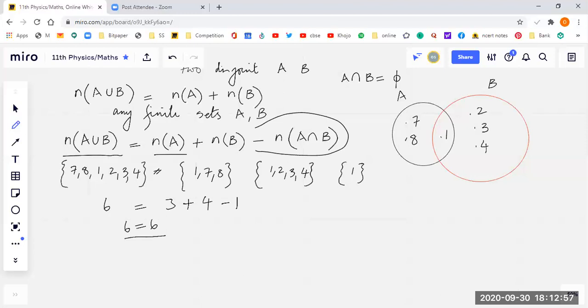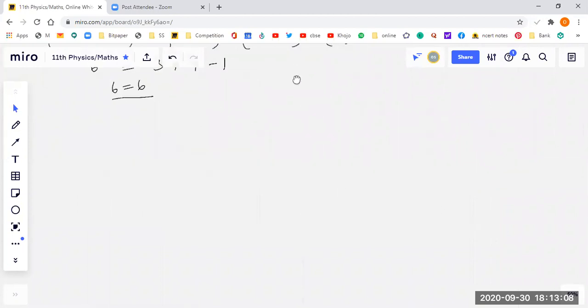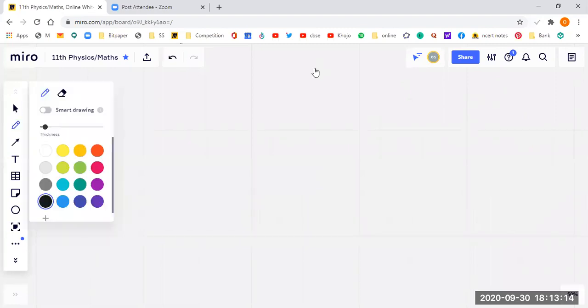Okay, that's good. Now I go further and I have something else to show you. So now, students, as we have already stated, number of elements in A union B is equal to number of elements in A plus number of elements in B minus number of elements in A intersection B. This is my first equation.